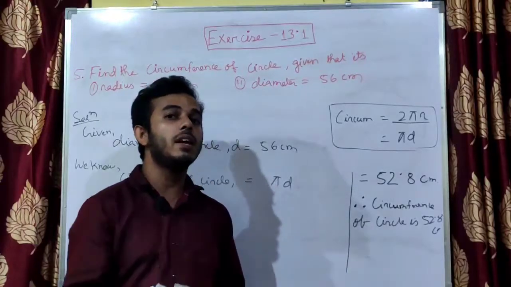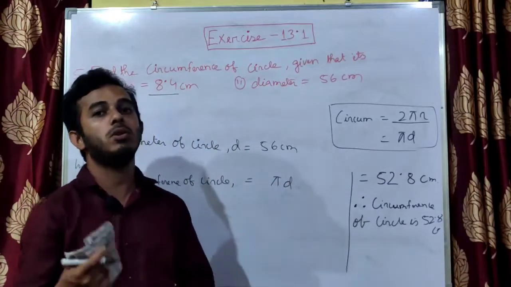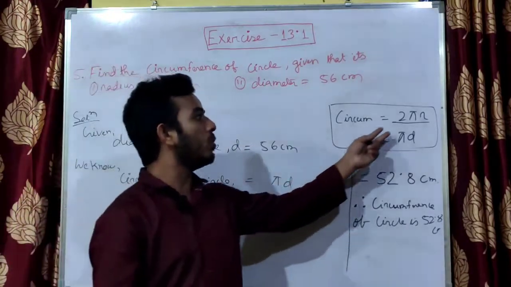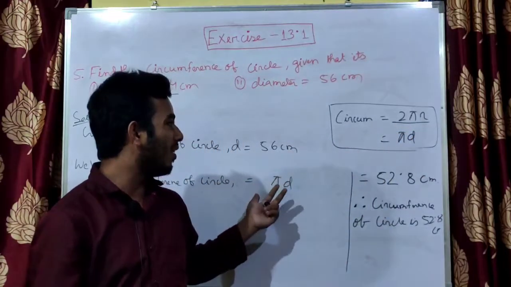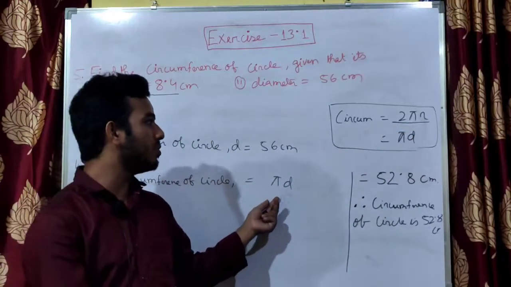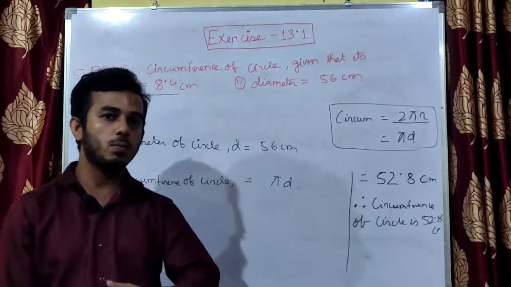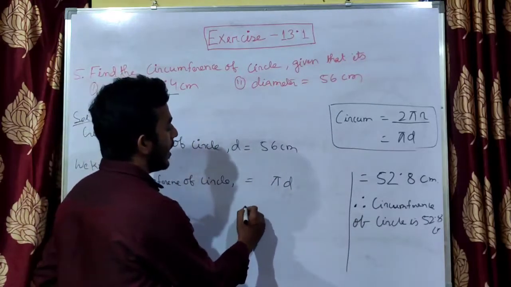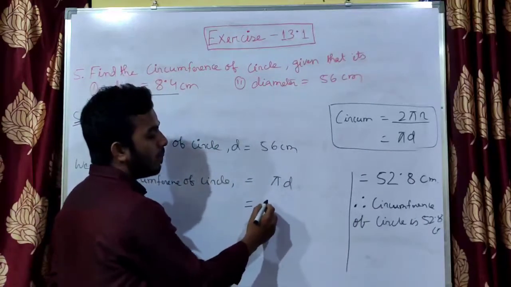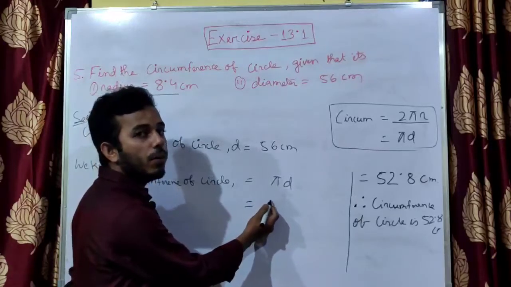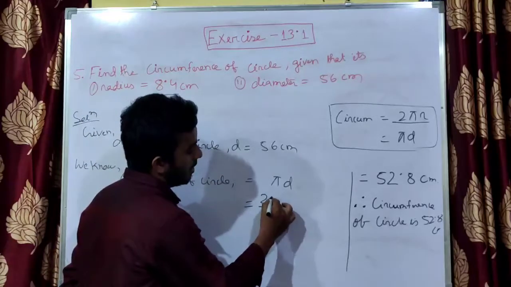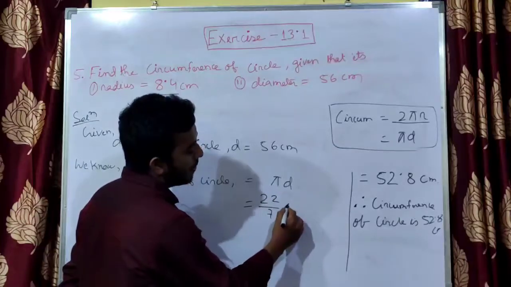So how will you find radius? You have to divide diameter with 2. After that, you will find radius. Then you can use this formula. But for 6th standard, you can use this also, pi d. You have to just put the value of diameter. So here we will put the value of pi. What is pi? 22 by 7. Then multiply.